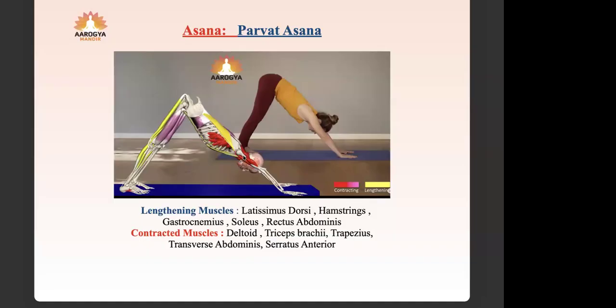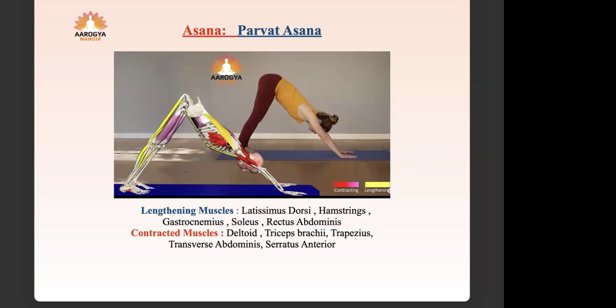spine. So you can see over here, there is a stretching of the abdominal muscles and the stretching of the latissimus dorsi. You can see this yellow muscle where I am moving the arrow. This is the latissimus dorsi muscle, and it is getting stretched. The front line, the abdominal muscles, are getting stretched.